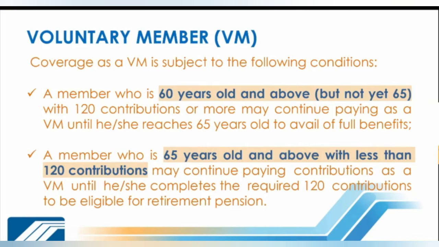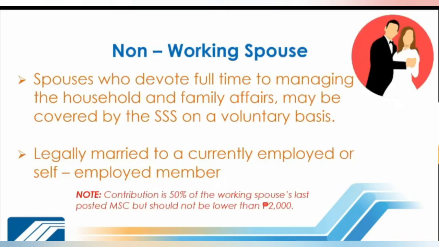Kaya po ito yung nasa slide natin na papayagan natin ang ating mga members na mag-continue magbayad ng kanilang contribution para ma-reach po yung 120, no, dito sa 65 years old and above, because on our end nga maganda po, we want you also to maximize, no, at makuha yung monthly pension at the end of the day.